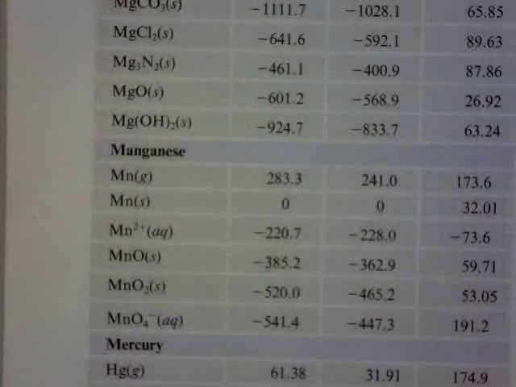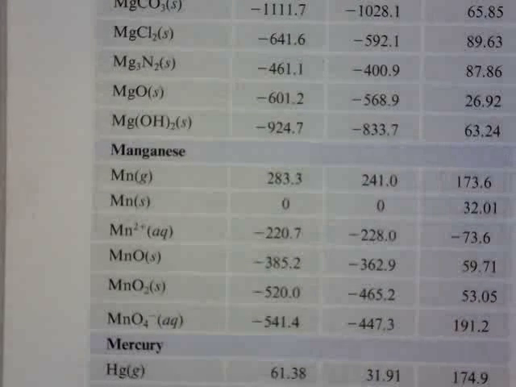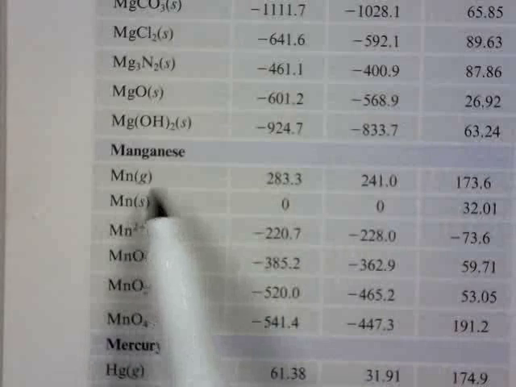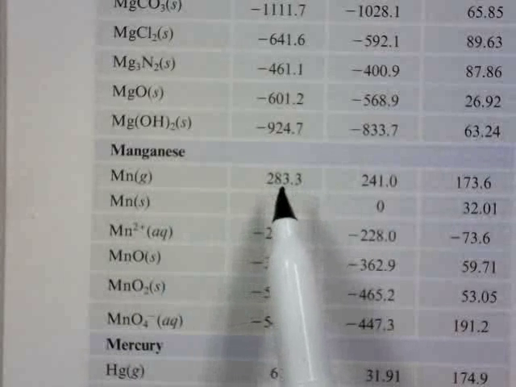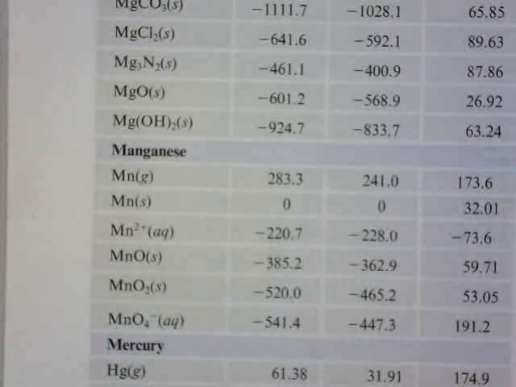If it's an element not in basic standard state, it will have a number. For manganese in gas form has a value over here, 283 kilojoules. It's kind of like heating it up, pushing it into gas phase. We'll learn about that when we get to stoichiometry of reactions.